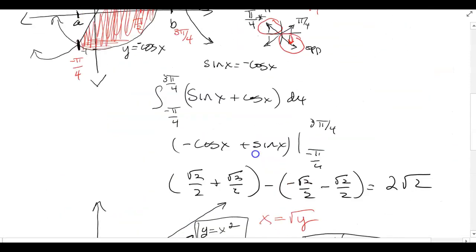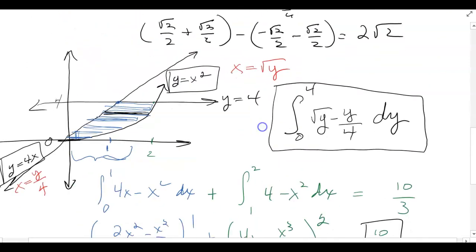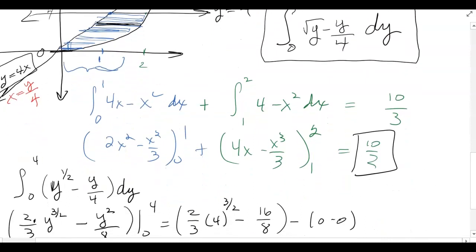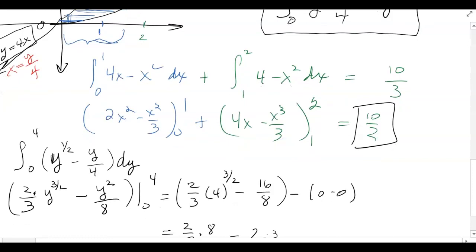When it's done with respect to x, oh, sorry, scrolling around too much, notice the equations are solved for y. See, 4x minus x squared. When it's done with respect to y, the equations have to be solved for x, so the y's are put in there. So, square root of y minus y over 4.